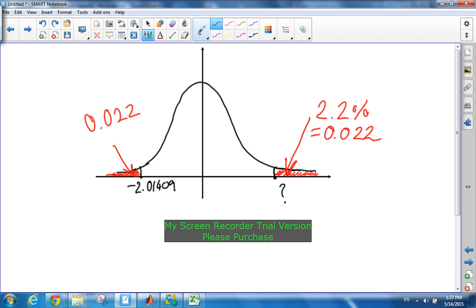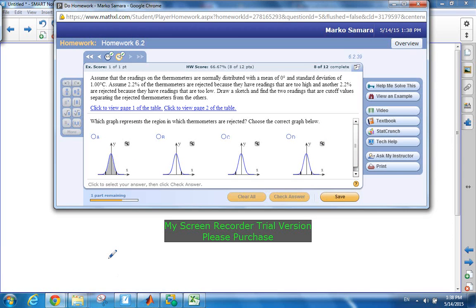And therefore the other cutoff value is 2.01409.